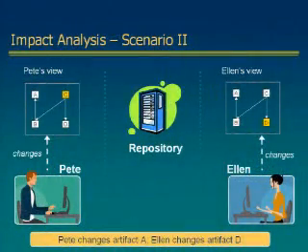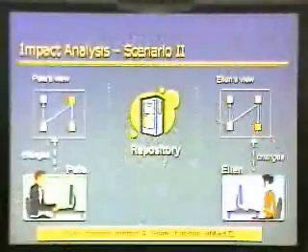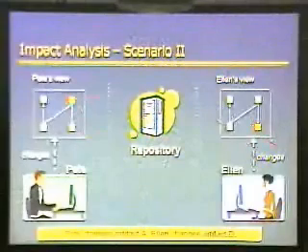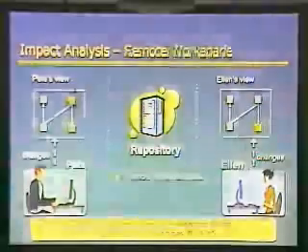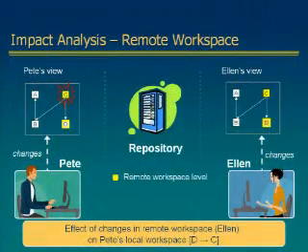Let's take another scenario where Pete is making changes to the file C over here, and Ellen is making changes to D. We know that Pete is dependent on D, that Ellen is changing. So we know there is a potential conflict that is going to arise. And we call it the repository level. So we are following the traffic signal. Green is the lowest significance. You know about it. You would have found it out anyways.